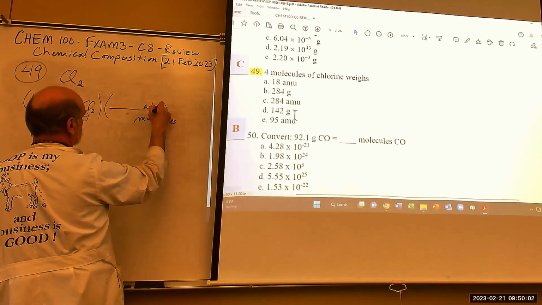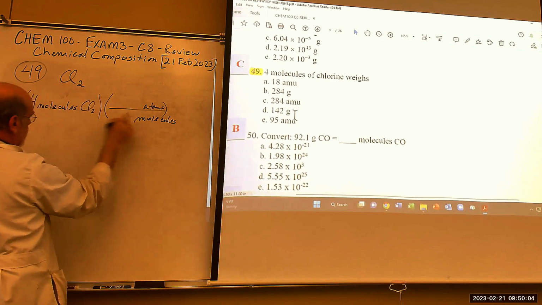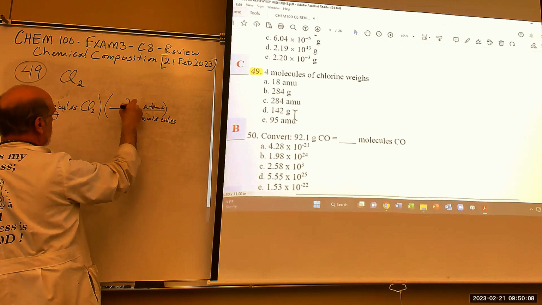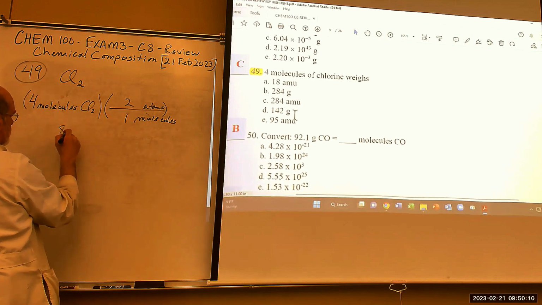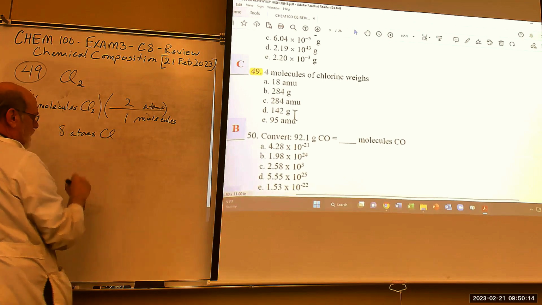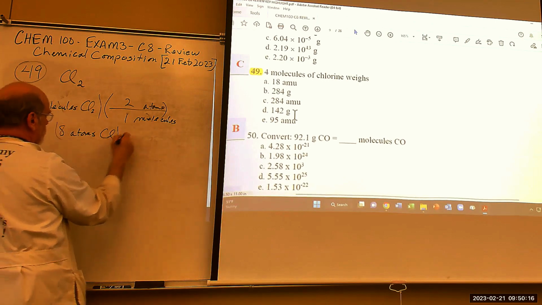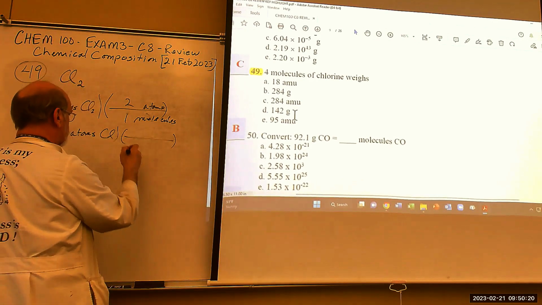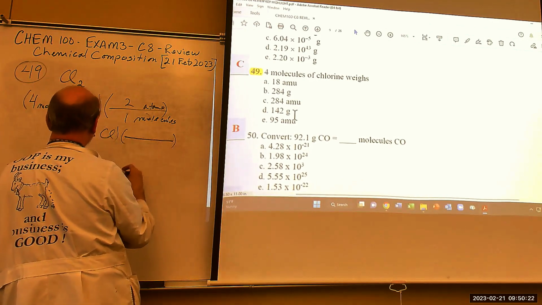Molecules, atoms. So molecules cancel. For every 1 molecule, you have 2 atoms. So we have 8 atoms of chlorine. So how much does each atom weigh? We'll do the AMU first, atomic mass units. Maybe that's one of the answers.